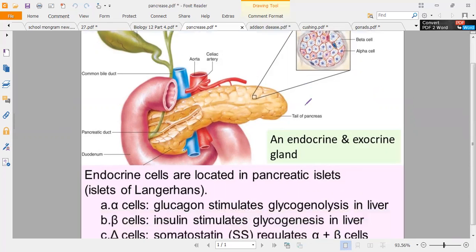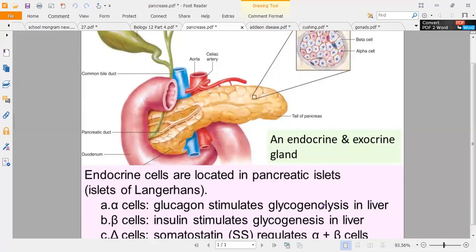Alpha cells release glucagon, which stimulates glycogenolysis in the liver, meaning breakdown of glycogen, or glucose from gluconeogenesis, that is from other metabolic activities or metabolism.